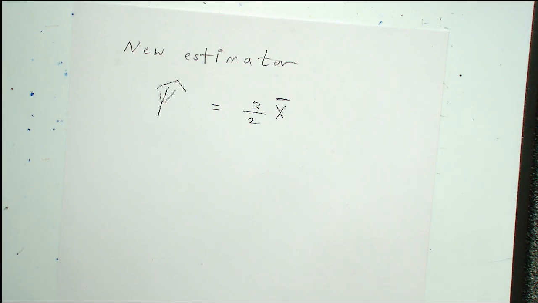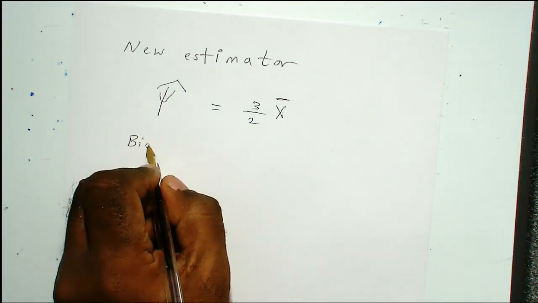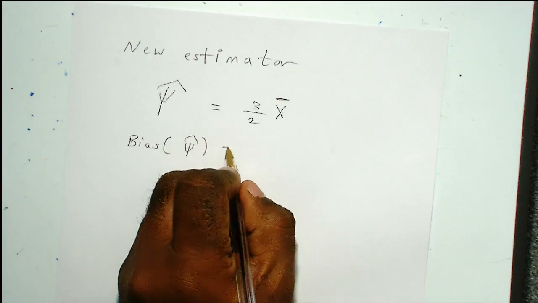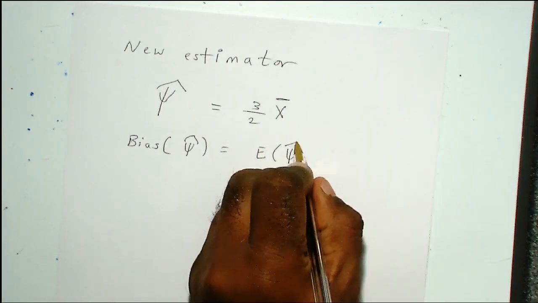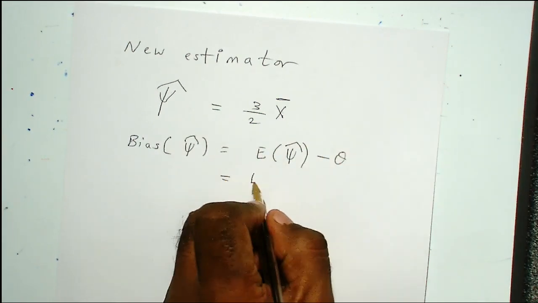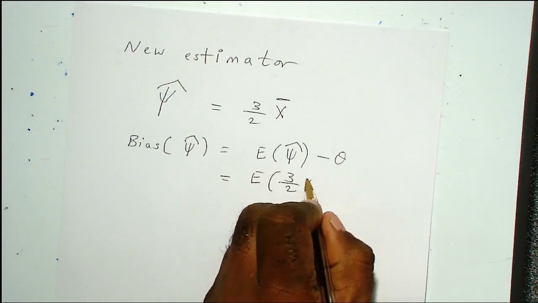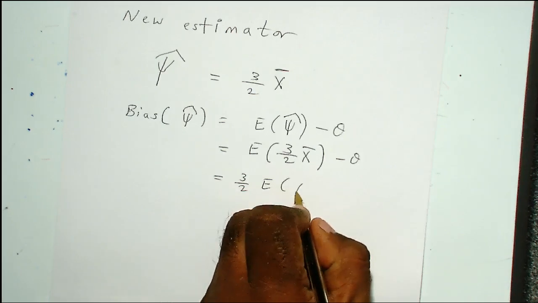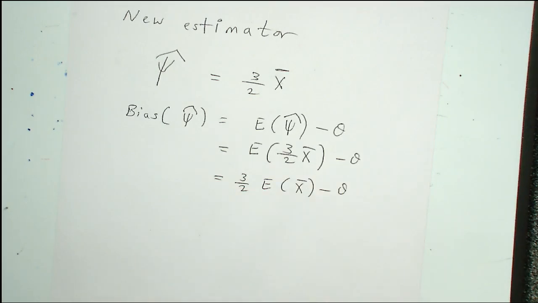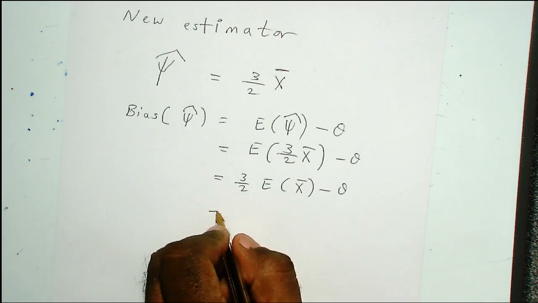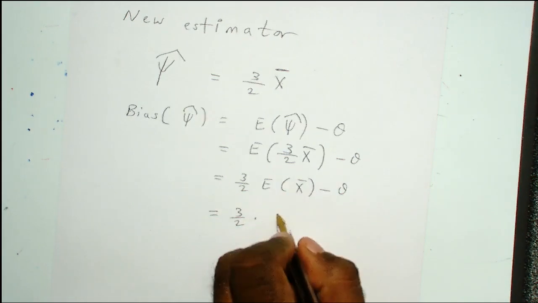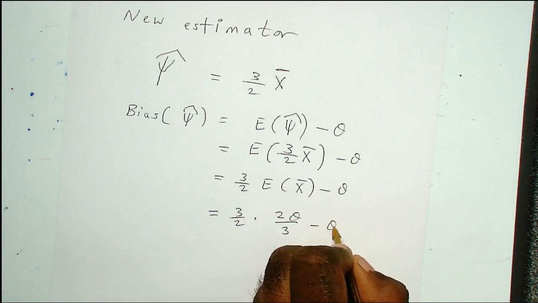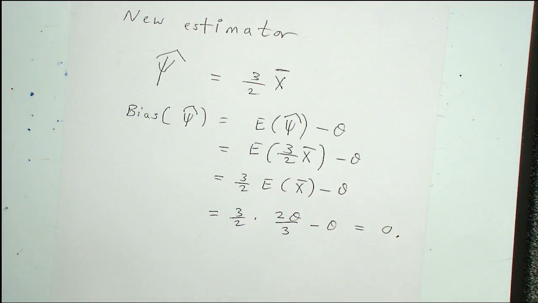Can you see why? Yeah, because remember, we showed over here that the expectation of x bar is equal to 2 theta by 3. So the bias is 0, right? So this is how you do the second part of question 11.